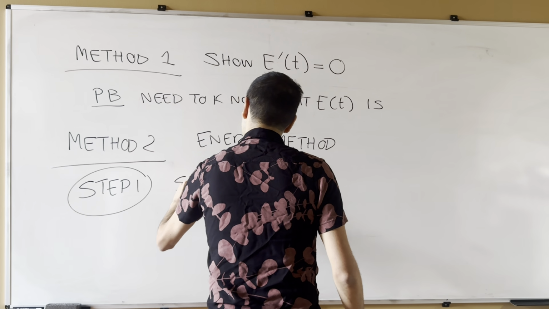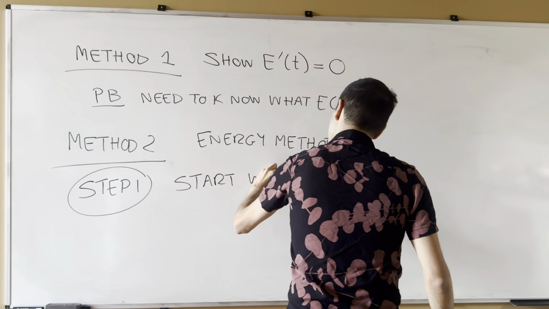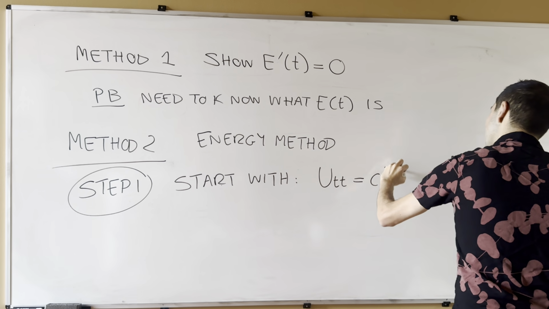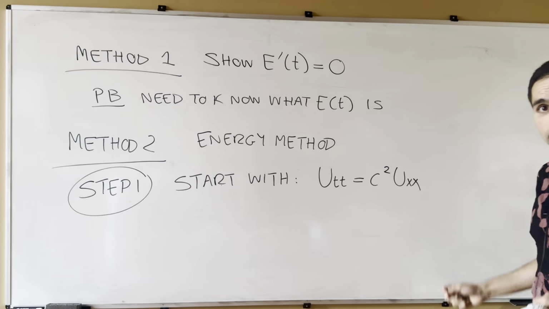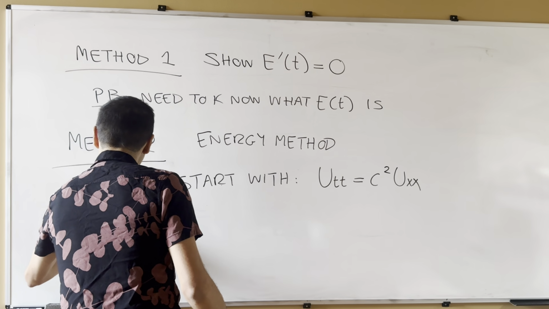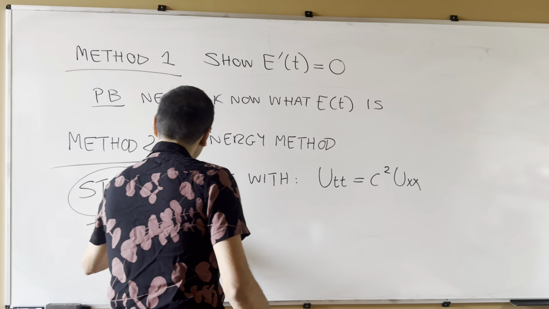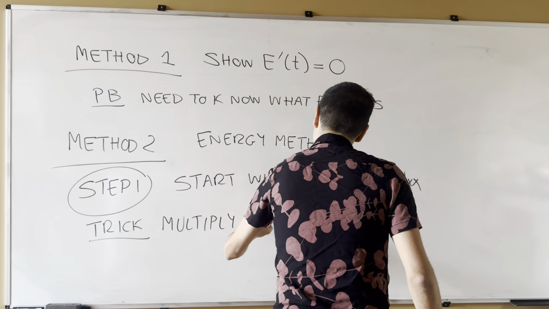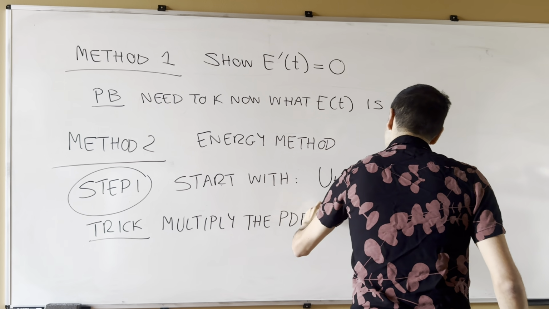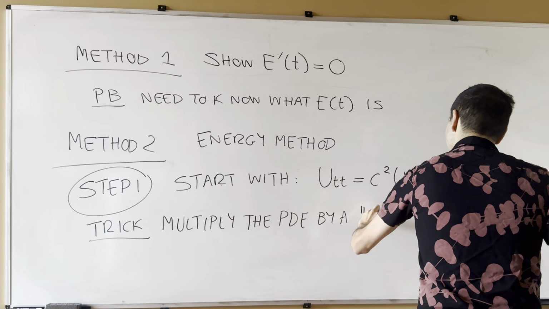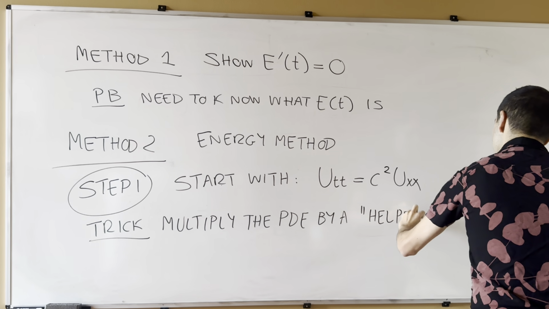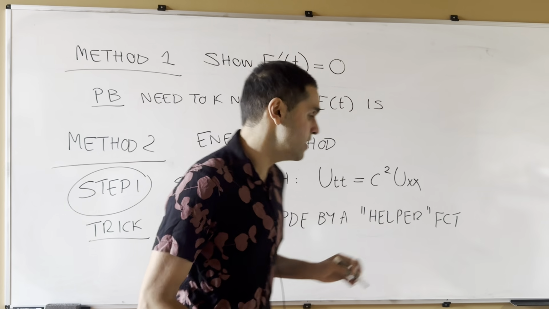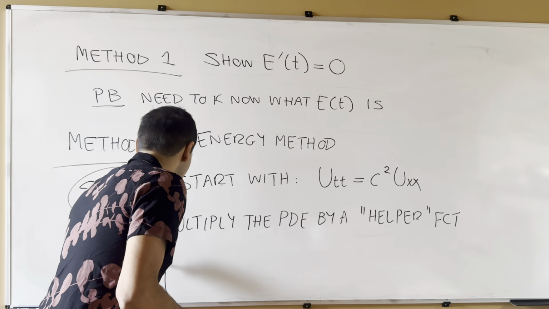Start with our PDE, u_tt equals c squared u_xx. The trick is to multiply the PDE by a helper function, which in this case will be u_t.